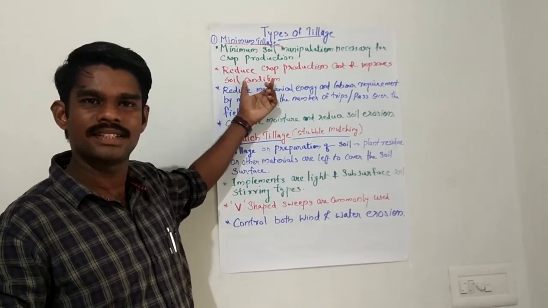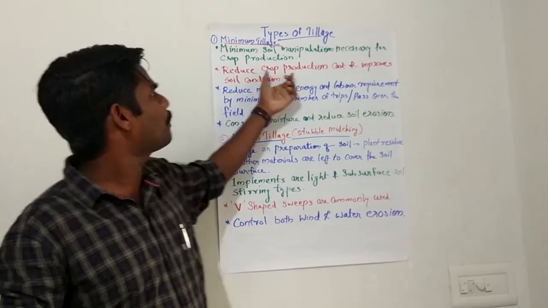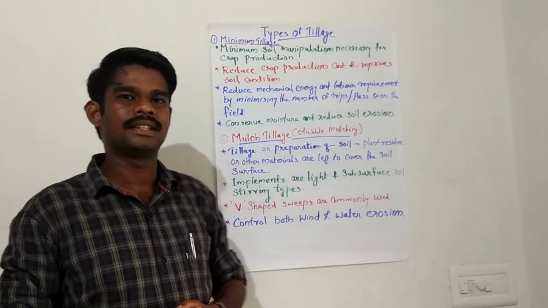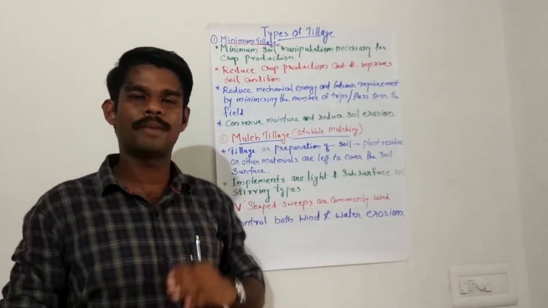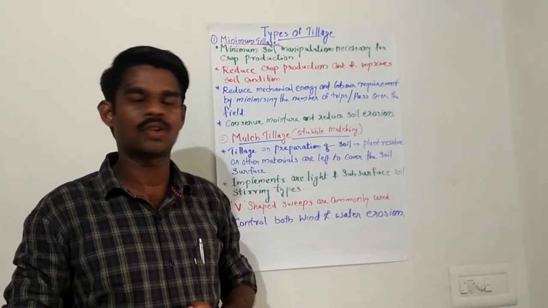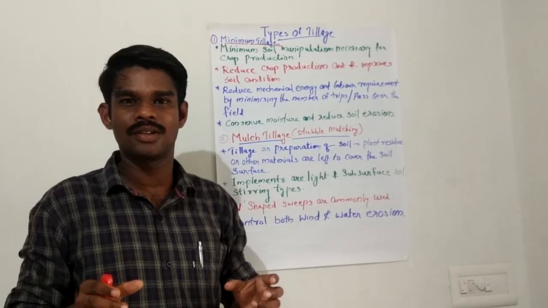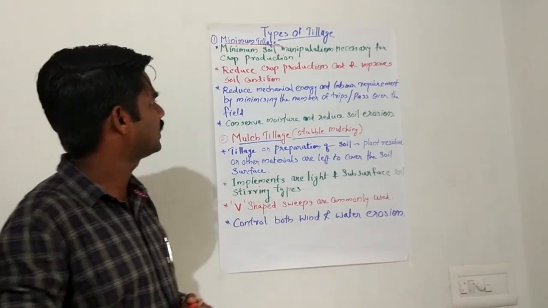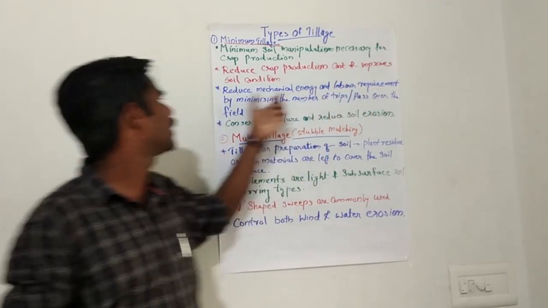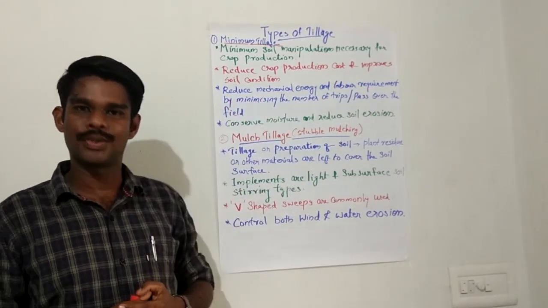According to these practices, the crop production cost is reduced because the number of passes or number of turns is reduced, because it is a minimum manipulation of soil. And as another advantage, the labor requirement also reduces.